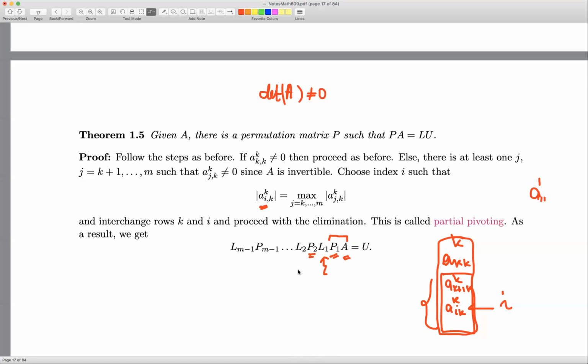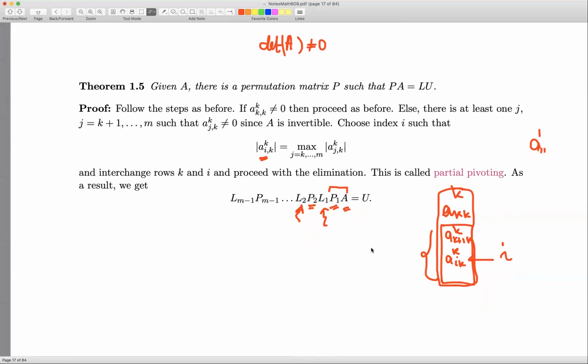Then we perform the next step of Gauss elimination, by multiplying by a matrix L2, and so on. At the end, we finish with the last step of the Gauss elimination by multiplying by the matrix L_{m-1}. So partial pivoting ends with writing this product, and at the end, this product will be equal to the matrix U.